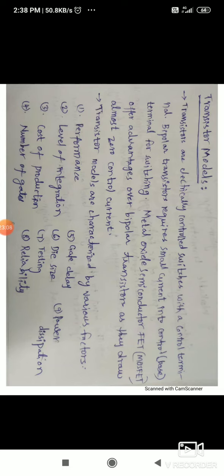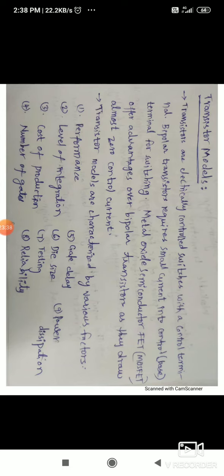BJT is a current controlled device, MOSFET is a voltage controlled device. Because of this advantage compared to BJT, we can use MOSFET models.